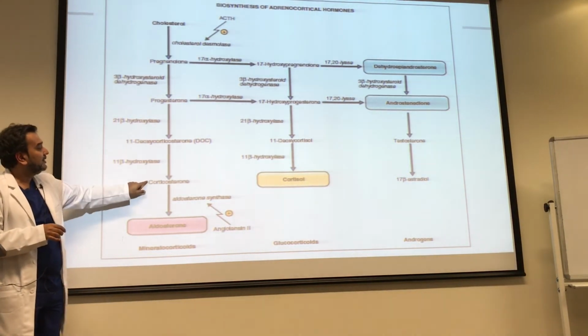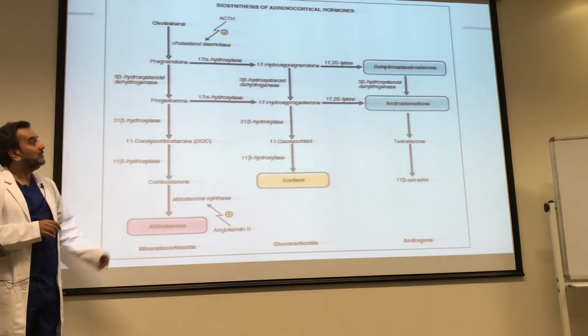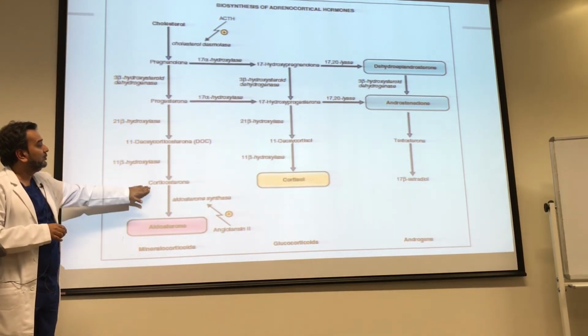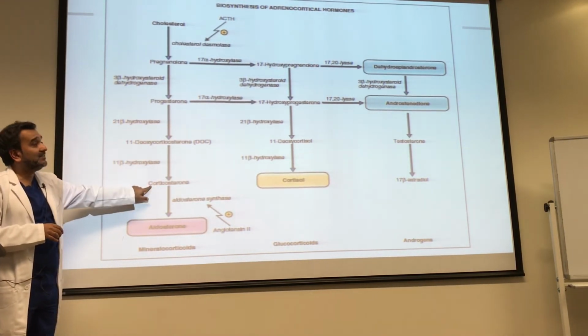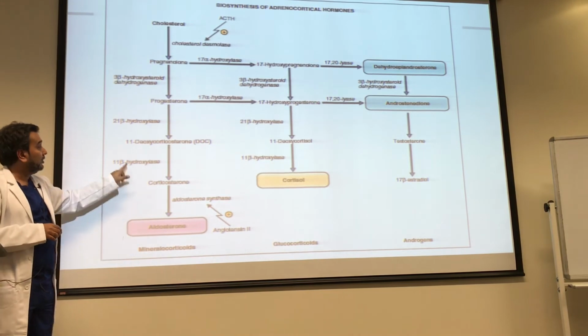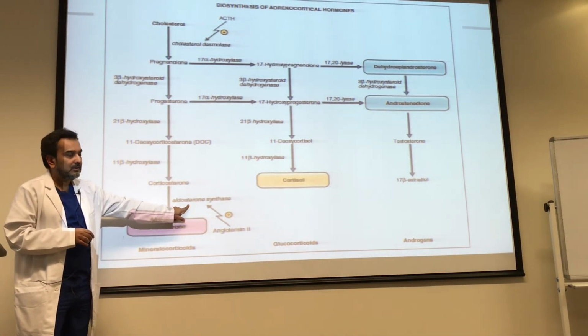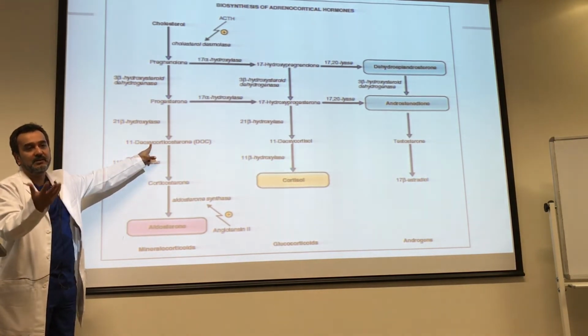All three of them have mineralocorticoid activity, but if you have a block here, you still are producing here. If you have a block here, you are not producing this, this, and this. So deficiency of 11-beta hydroxylase or deficiency of aldosterone synthetase still will produce 11-deoxycorticosterone, which has mineralocorticoid activity.